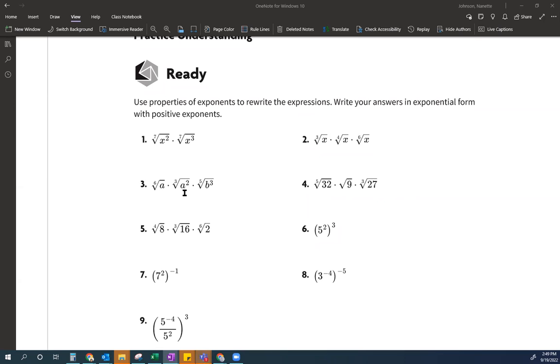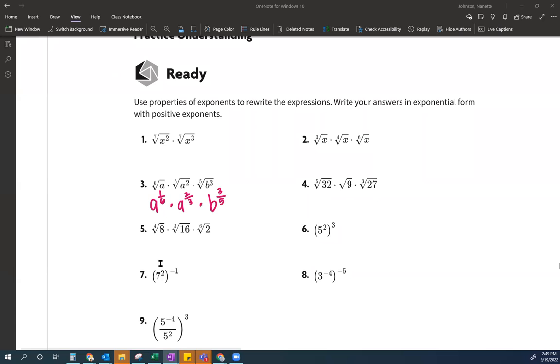So this is gonna be a to the 1/6 times a to the 2/3, and then times, oh, that's a b, sorry, times b to the 3/5.